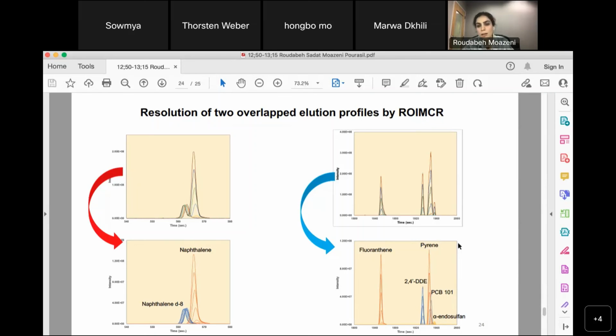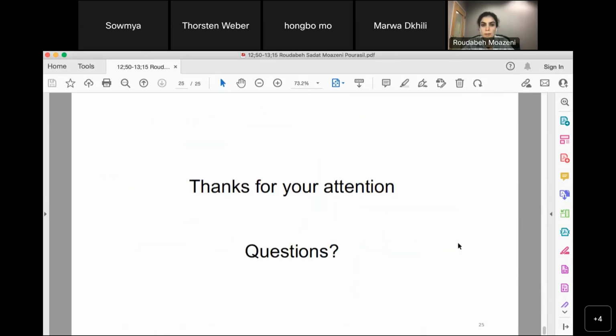On the right-hand side, you can see the peak cluster consists of 5 chemical compounds, and at the bottom you can see the resolved elution profile at different concentration levels by ROI MCR. Please go to the next slide.